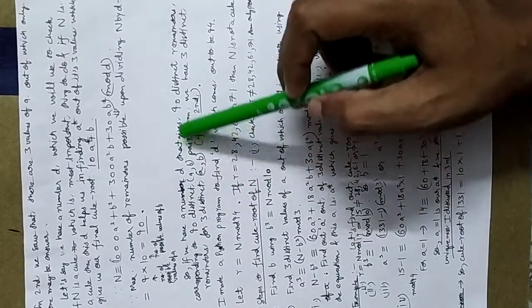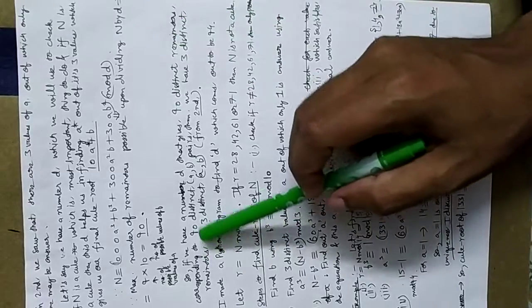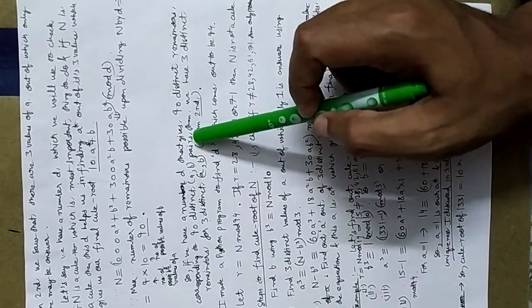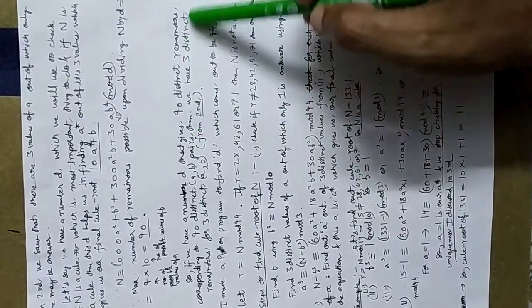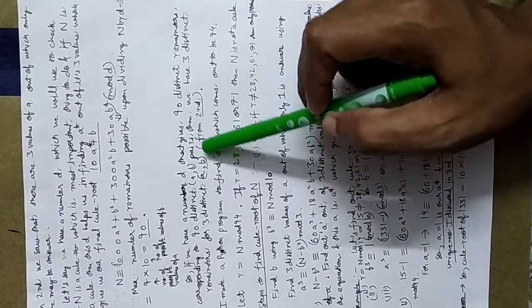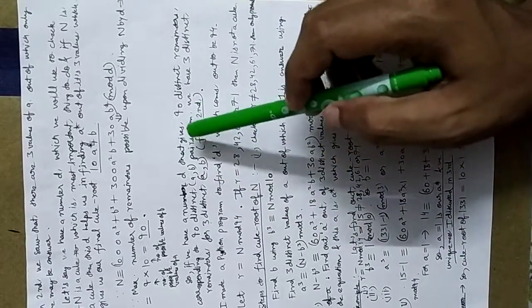So if we have a number d that gives 90 distinct remainders corresponding to 90 distinct AB pairs, then we have 3 distinct remainders for 3 distinct AB from the second step.